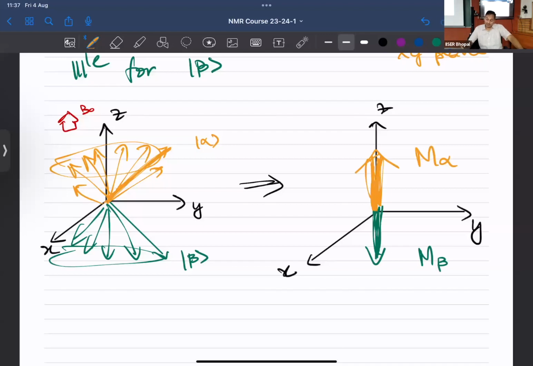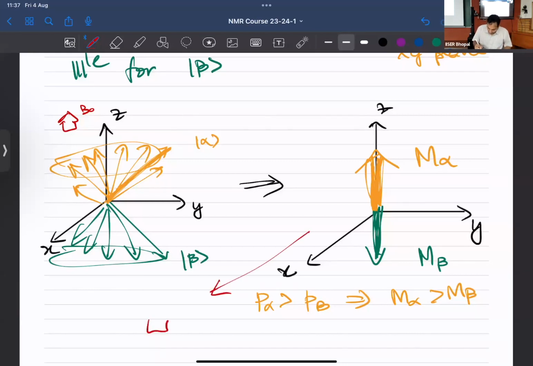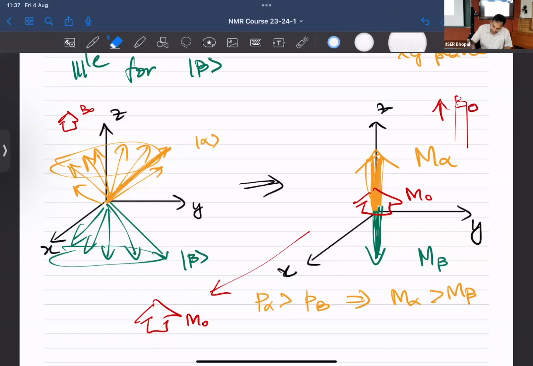But merely because P alpha is greater than P beta, the magnetization of alpha will be greater than the magnetization of beta. And you have opposite vectors present, and this will result in a net magnetization, which we will call M naught, which will also point along the B naught axis.